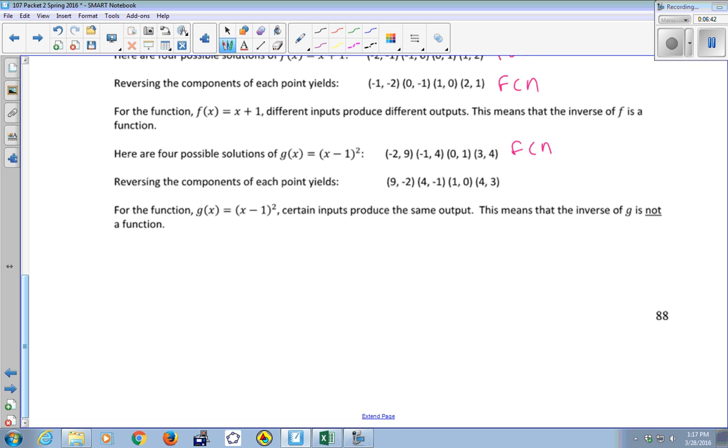No, where is my problem? Yeah, the 4, negative 1, and the 4, 3. I have the same x value corresponding to 2 different y values. That makes this not a function. Okay. So for the function x minus 1 squared, the inverse is not a function.